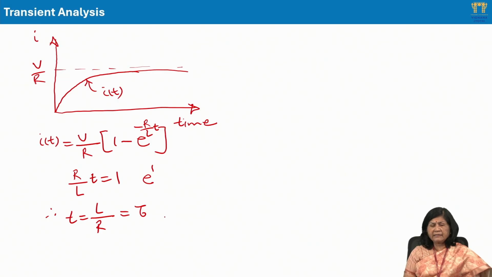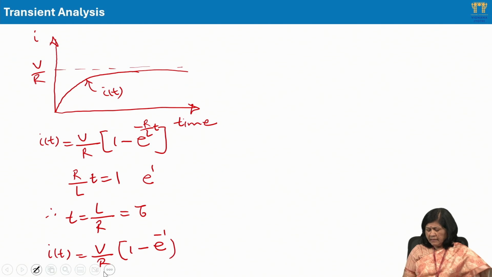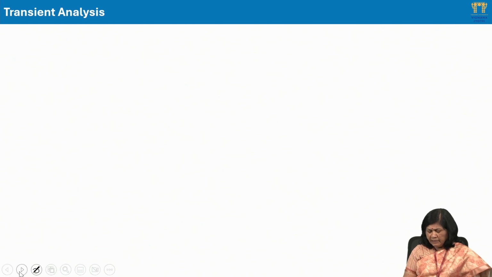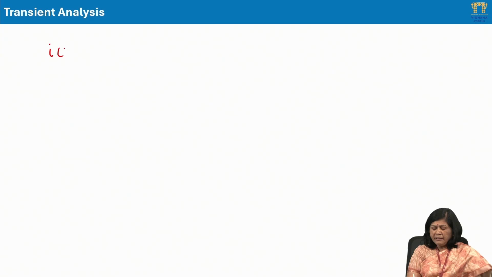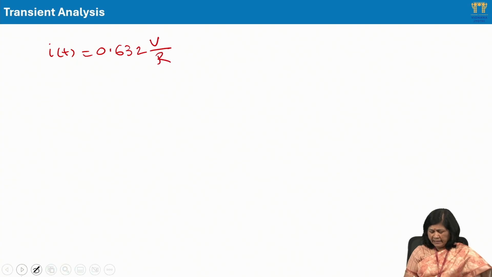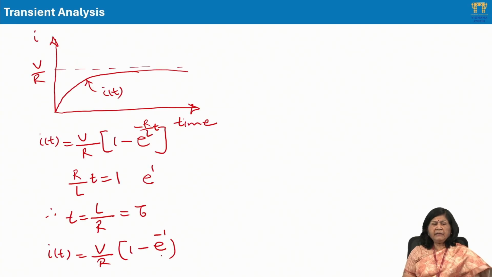It is called the time constant. For the RL circuit, the time constant is L by R. Now, when my exponent is minus 1, I have V by R into 1 minus e to the power minus 1. When I substitute the exponential value here, I get i of t equal to 0.632 V by R. If I take e to the power minus 1, that is somewhere around 36%.